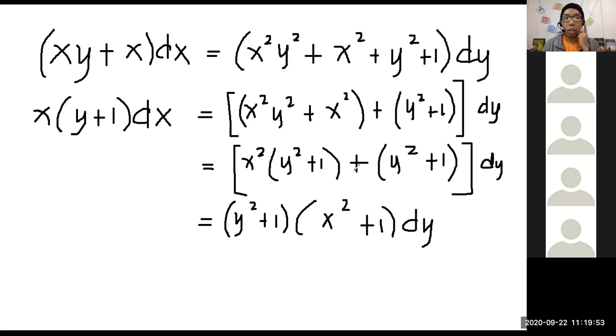So as you can see, sa dalawang terms natin, may common na factors, di ba? Yung y squared plus 1, sa bawat term. So dahil dyan, factoring out y squared plus 1 will give me x squared. Ano natira sa pangalawang term? 1. Kaya naka-factored form na siya. So para matanggal natin yung x squared plus 1 dyan, divide both sides by x squared plus 1. Kaya yung magiging sagot natin is, yan, so copyhin lang natin to.